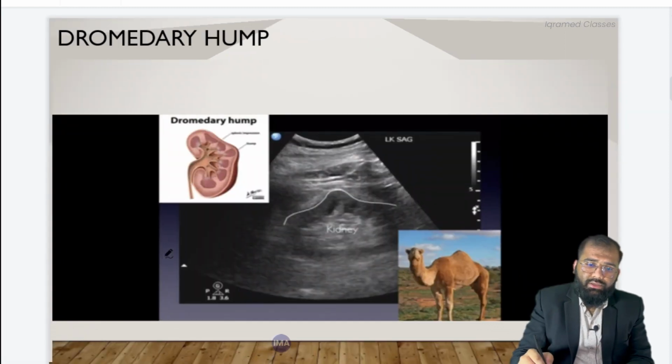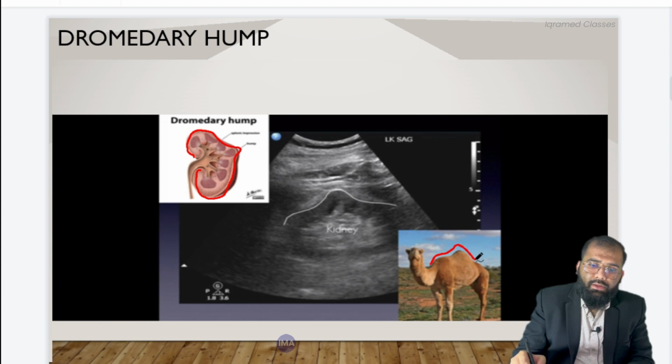So here this is a beautiful image which shows you how a dromedary hump is. This is the dromedary hump and this is a camel with its dromedary hump. And look here, this is the left kidney and beautifully you can see that there is a dromedary hump. And this should not be confused that there is some lesion here.